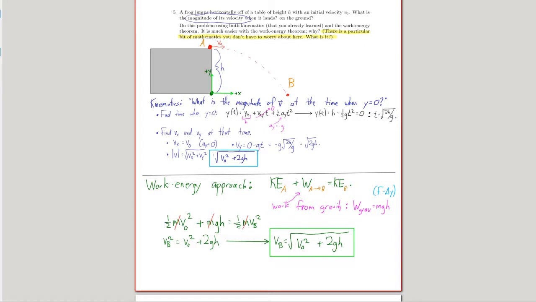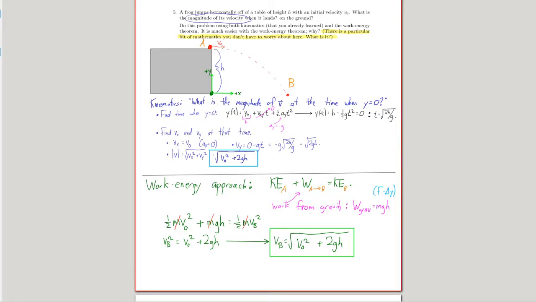We did need to think that, oh, gravity is only in the y direction, so when we're thinking about the work done by gravity, I only need the displacement in the y direction. But that actually makes the problem easier. I never needed to think about anything having to do with the x direction here. This could have been even messier in the kinematics section had I written down a formula for x of t, for instance, had I not pondered that.